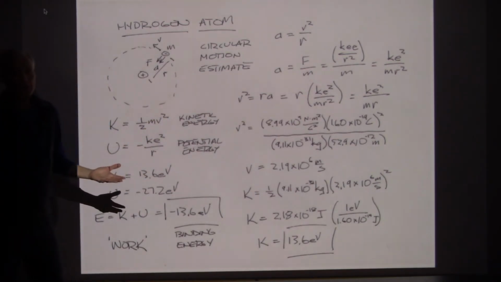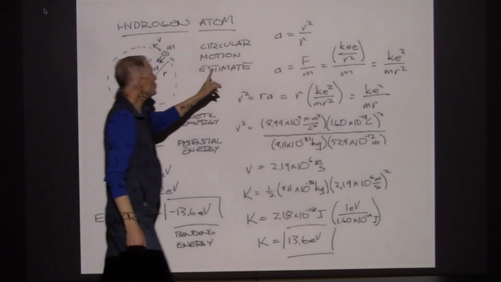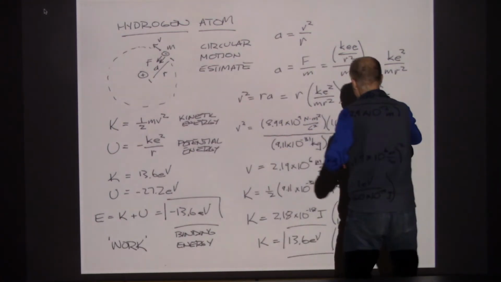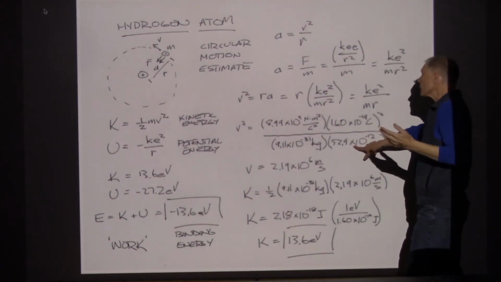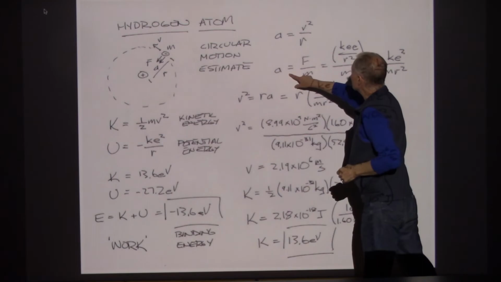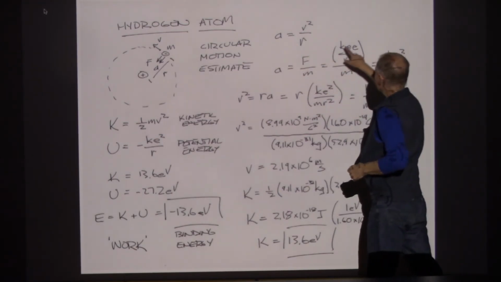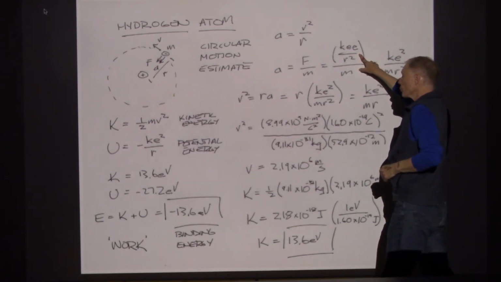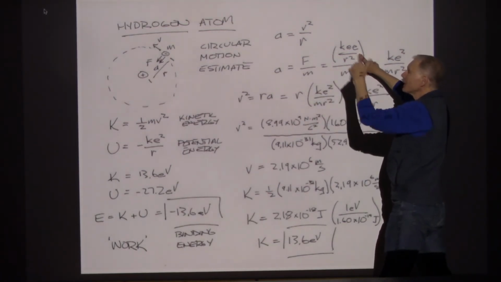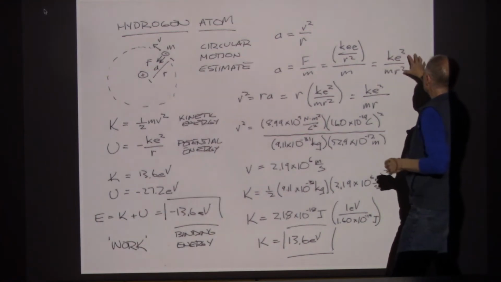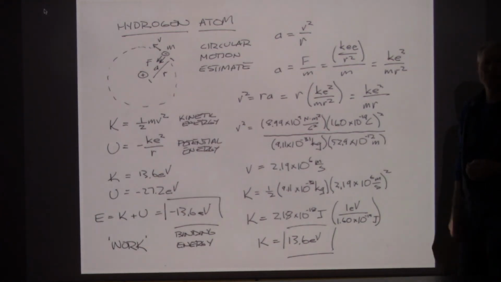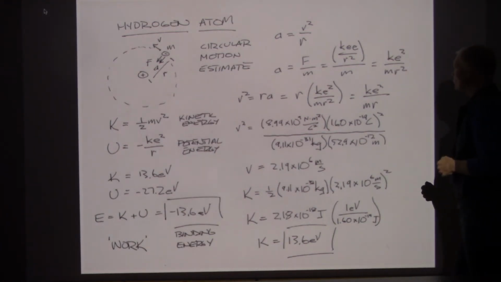On the other hand, if we use the value of R that they gave us, and we carry through equations with circular motion and equations with a force holding the electron in a circular path, we can use that just to get a rough approximation as to how much energy we've got.